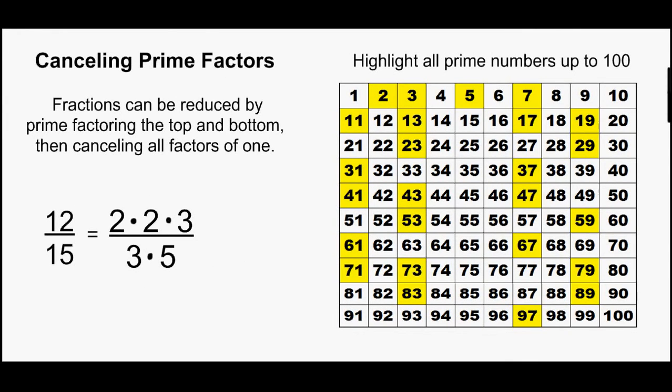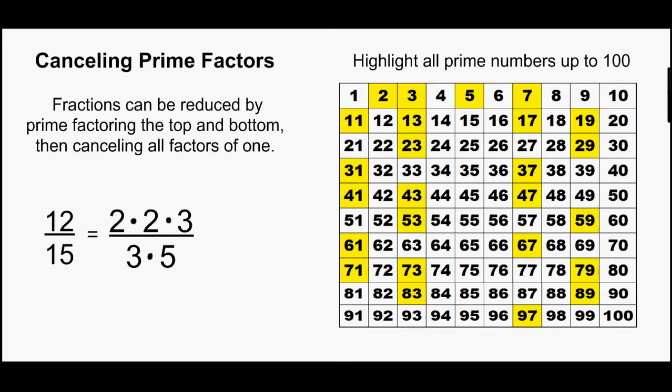Let's write our fraction 12/15 as the products of prime factors. 12 we write as 2 times 2 times 3. The denominator 15 we write as 3 times 5. Now, in order to reduce this fraction, we're going to cancel prime factors.